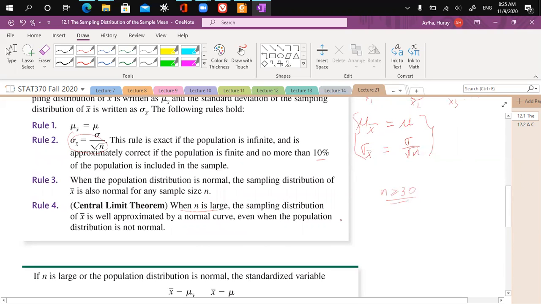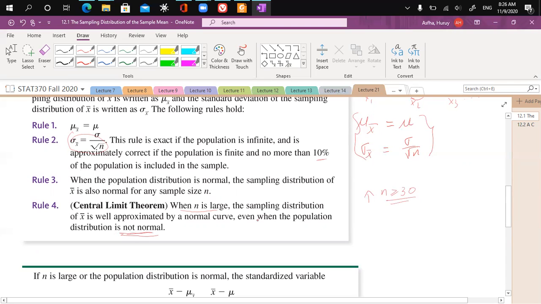Of course, as it goes up, it gets better and better in order to have a more symmetric and bell-shaped distribution. So when n is large, the sampling distribution of X bar is well approximated by a normal curve, even when the population distribution is not normal. We don't even care about the original distribution of the data.